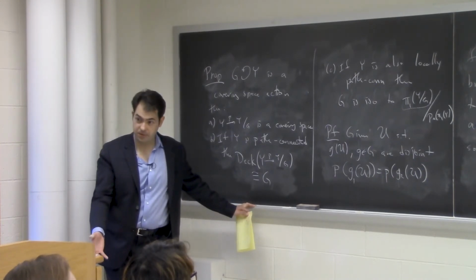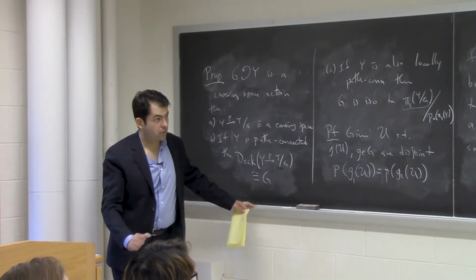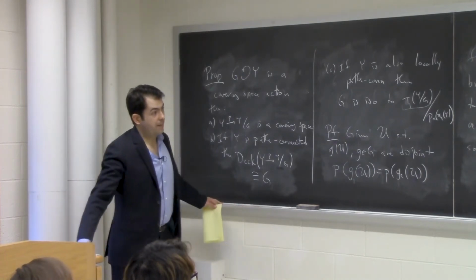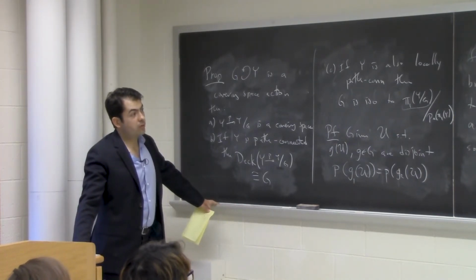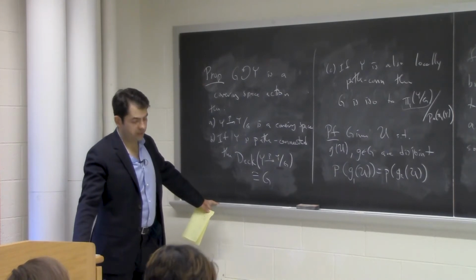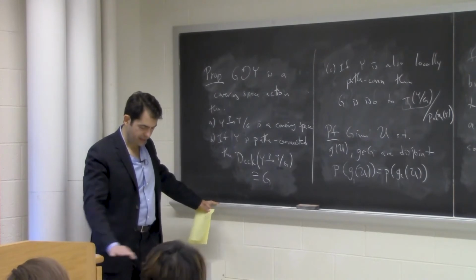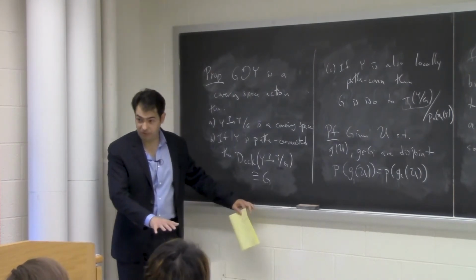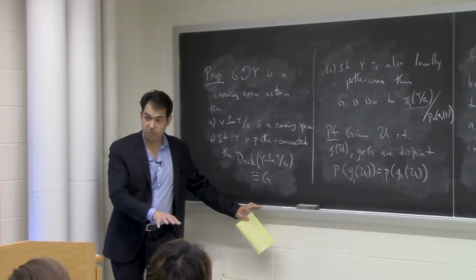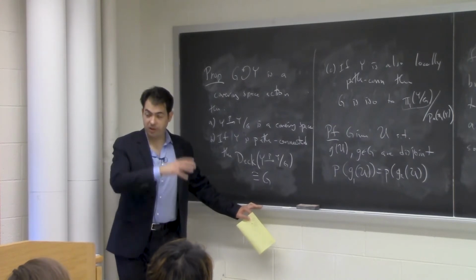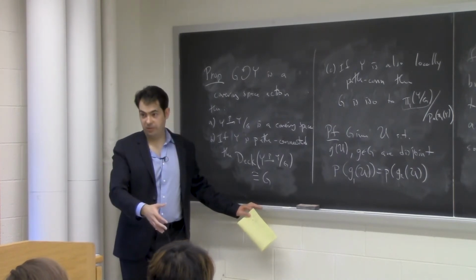I'm asking, can you start from downstairs with the cover? We've sort of done that before, because what we showed was that you give me a well-behaved space and any subgroup of the fundamental group, and there is a cover that does that.